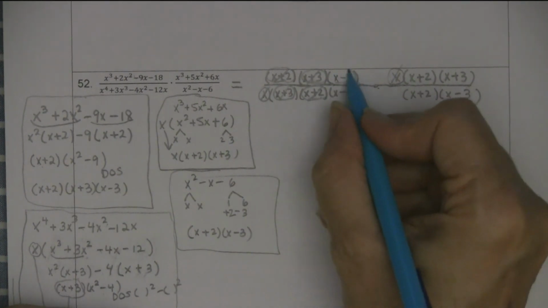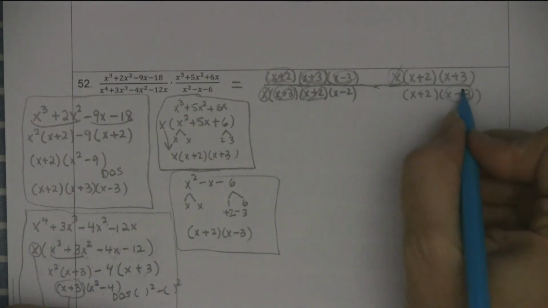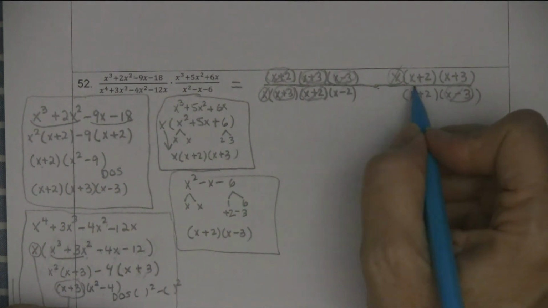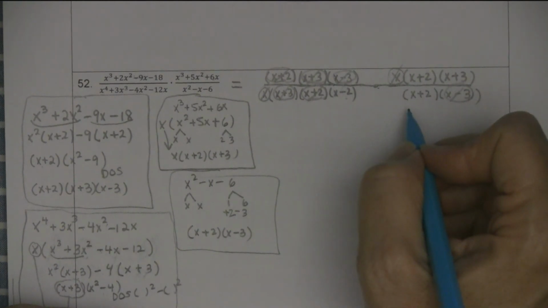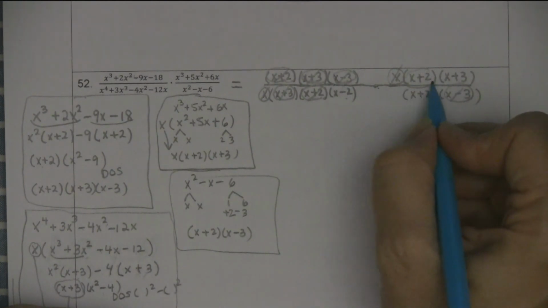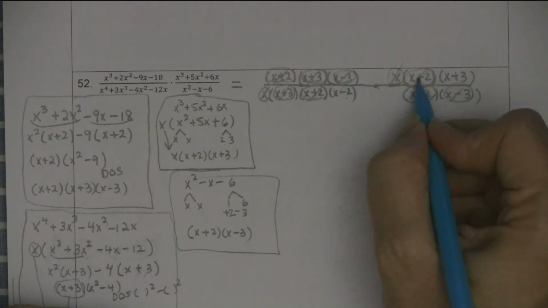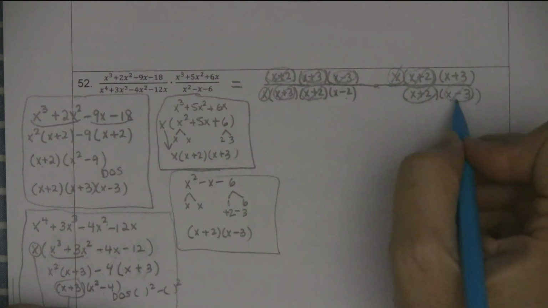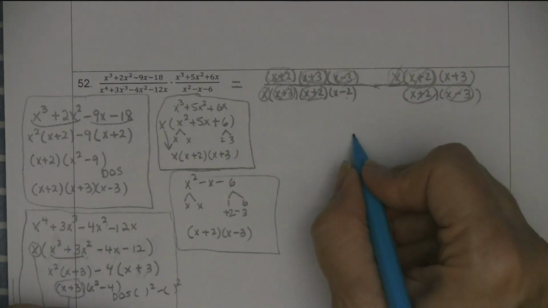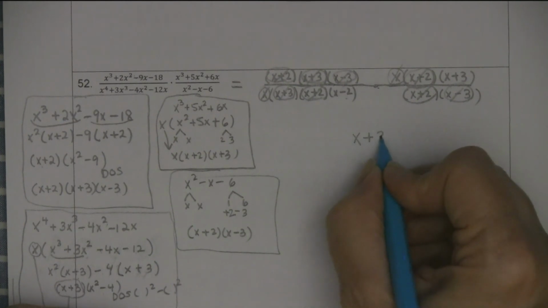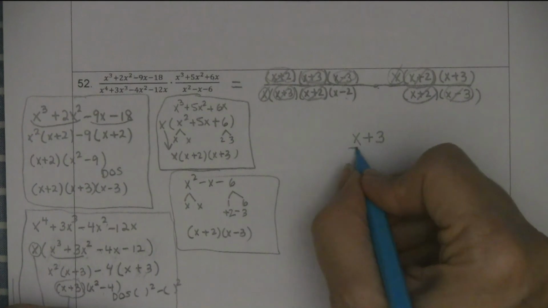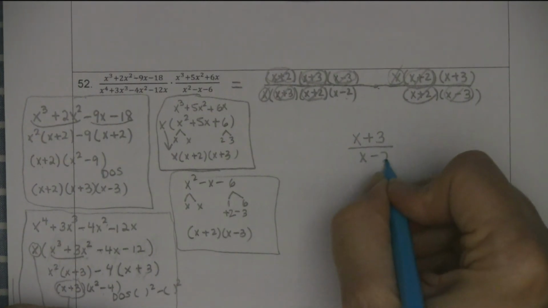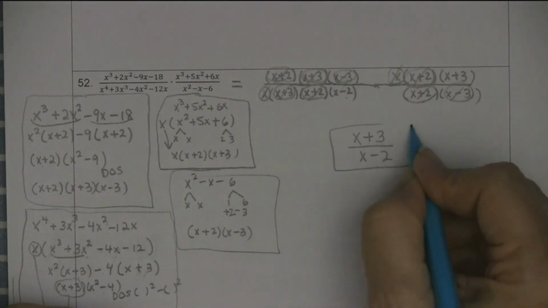X minus 3 with an x minus 3 gives 1. X minus 2, there's no x minus 2 up there, but there is x plus 2 and x plus 2, and there's no x plus 3 in the bottom now. So in the numerator, my answer has an x plus 3, right? That's all that's left, and an x minus 2 in the denominator, and that's it.